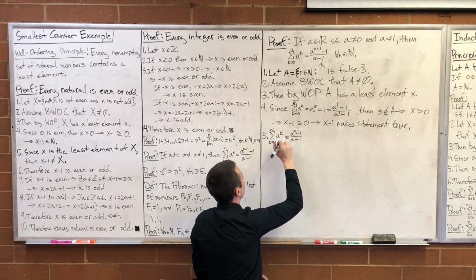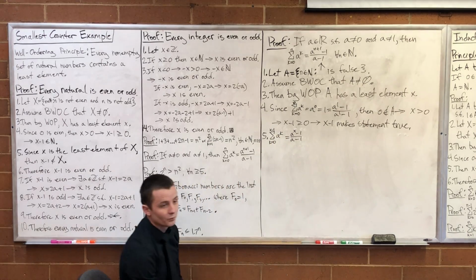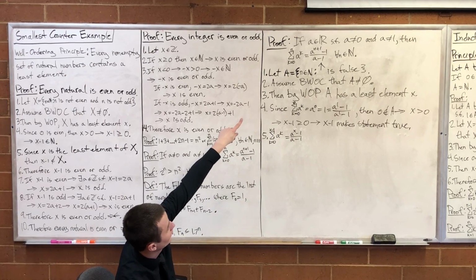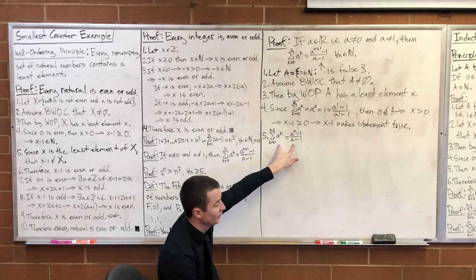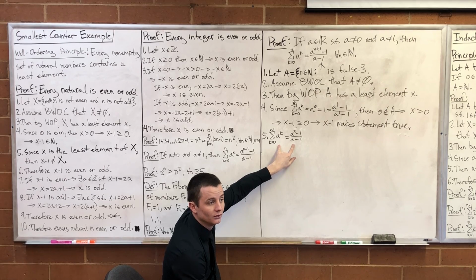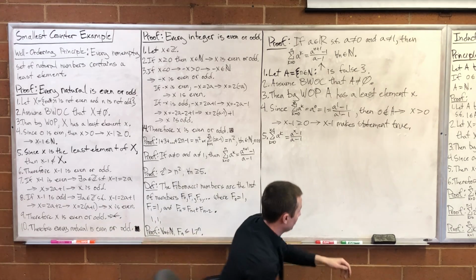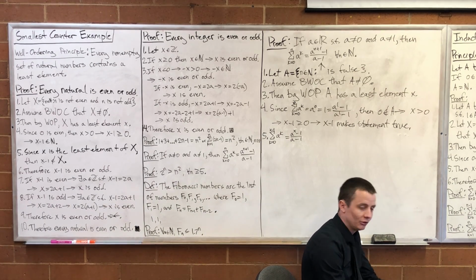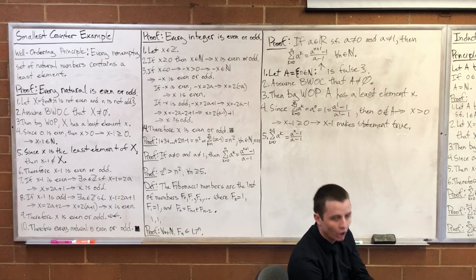That looks weird. Right? X minus 1 makes the statement true. When you plug in x minus 1 for n up there, you get this. Now, what are we trying to show? We're trying to show that x makes the statement true, right? If x doesn't make the statement true and x makes the statement true, contradiction.